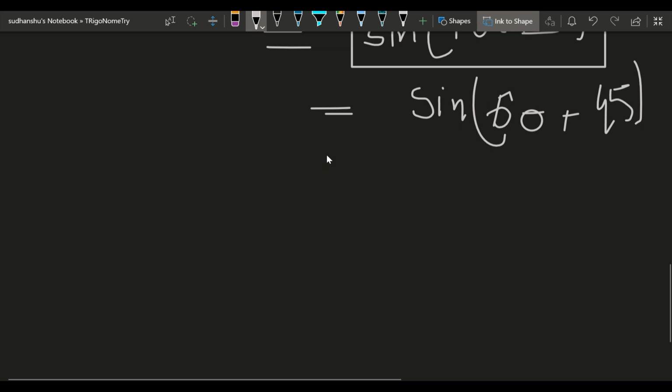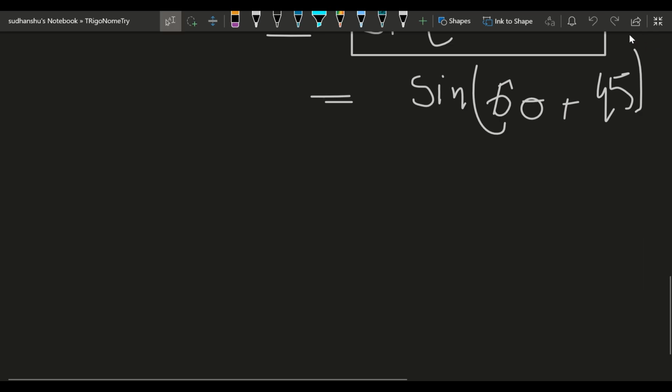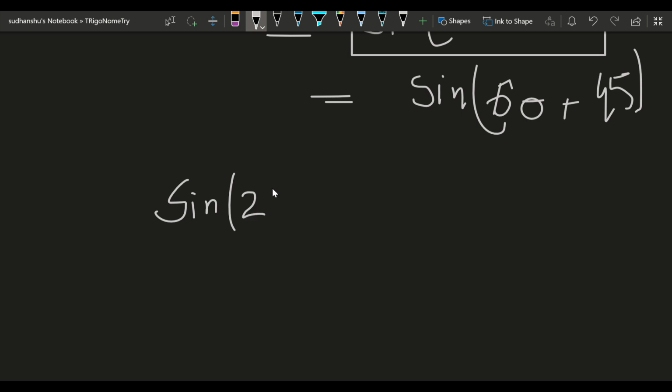Another application, a very useful one, is that we can find the value of, let's say, if you have an angle like 2 theta. Of course, I just told you about sine 15 degrees, right? So you don't know the value of sine 15 degrees, but if I tell you that you have to tell me the value of sine 30 degrees, you know that, right?